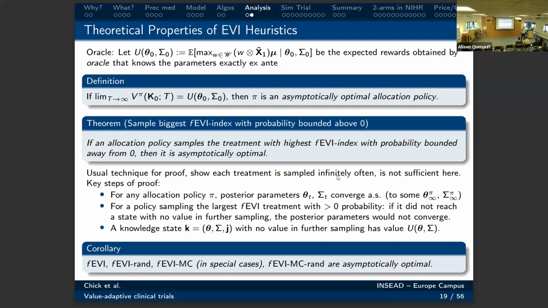It's optimal if you have a discrete finite set of covariate values and 0 step look-ahead. It's a trivial result, that one. But it seemed to work really, really well in practice, and I'll justify that in a little bit. So we can prove some theorems here, and that's a good thing.